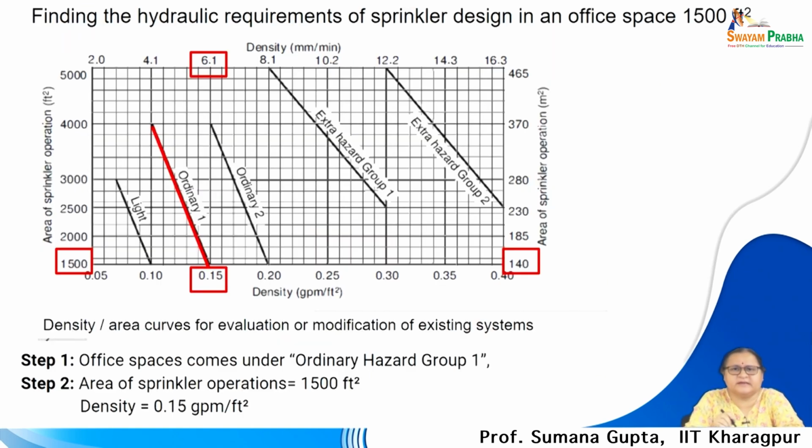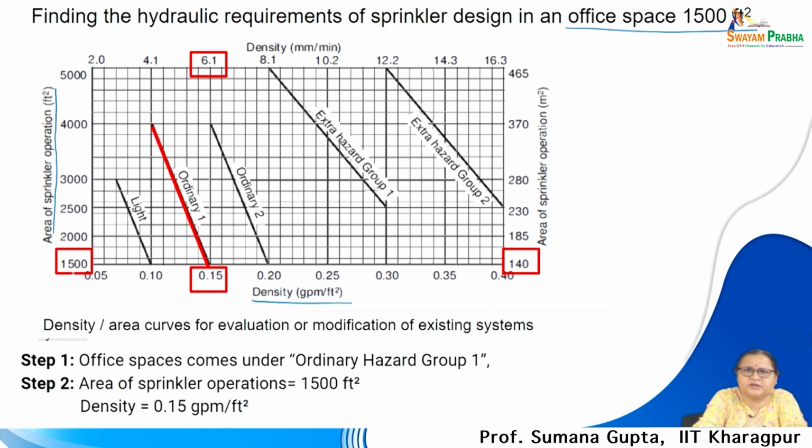So, you see here there is a graph which gives you on the x axis the density in gallons per minute per square feet, and here there is the area of sprinkler operation in square feet. So, if you are given that an office space is 1500 square feet, here is the red box.